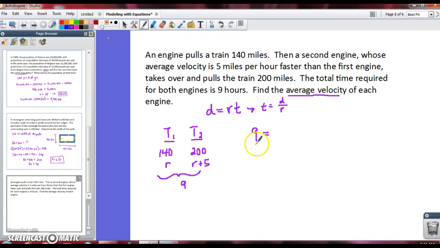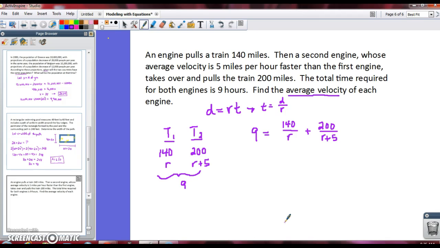So 9 hours is my total time traveled. My distance for the first train was 140, traveling at a rate of r. My second train traveled a distance of 200 miles at a rate of r plus 5, and those times together add up to 9. So there is my equation.